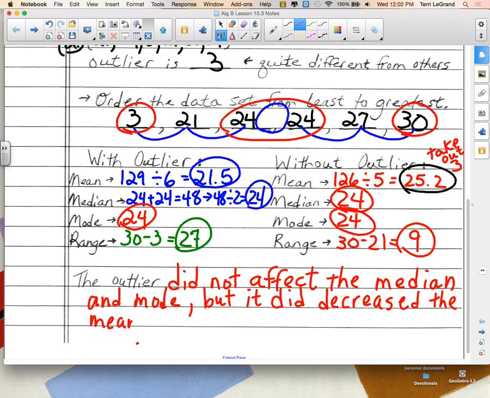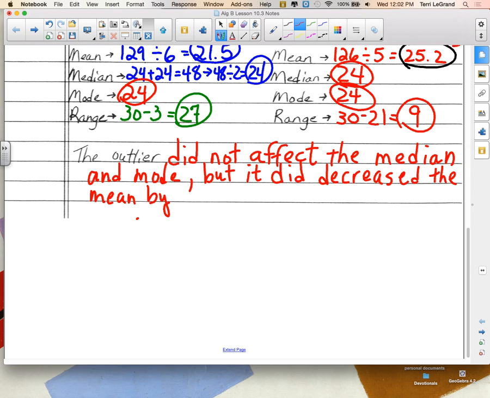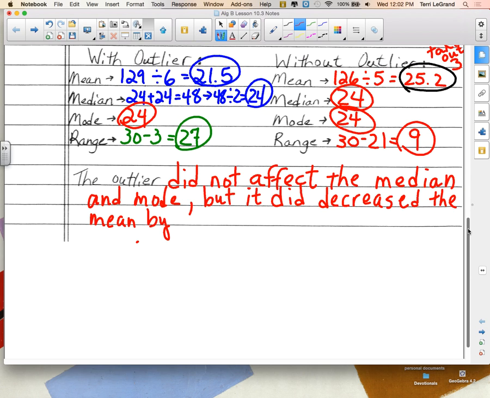And let's be specific, by how much? By 3.7, so 21.5 and 25.2. If you do a subtraction problem, the mean was actually 3.7 lower, so it decreased it by 3.7. But you can't use past tense there, LeBron. Okay, but it did decrease the mean by 3.7.